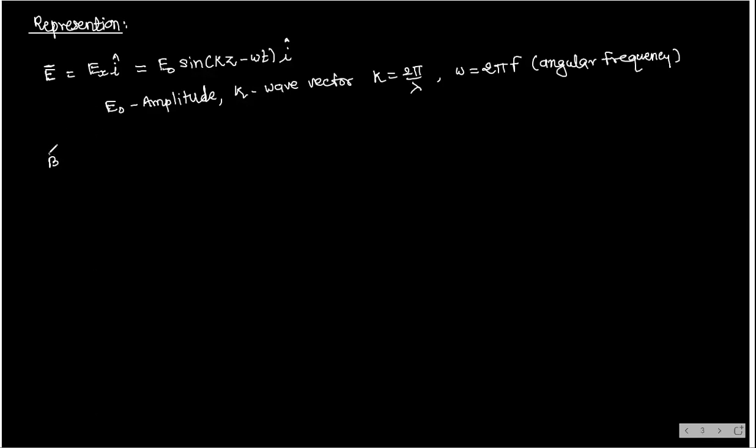Now this is B bar. B bar is equal to By j cap, and this is equal to B naught sine (kz minus omega t), and this is along j cap.